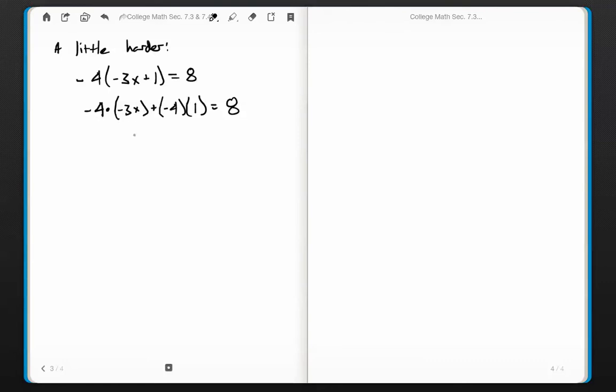Well, -4 times -3 is a +12x plus a -4 times 1. So I'm really adding a -4. I could write that as plus a -4 equals 8. But adding a negative number doesn't make a lot of sense, so I'm just going to rewrite this as 12x minus 4 equals 8. And then I can add 4 to both sides.